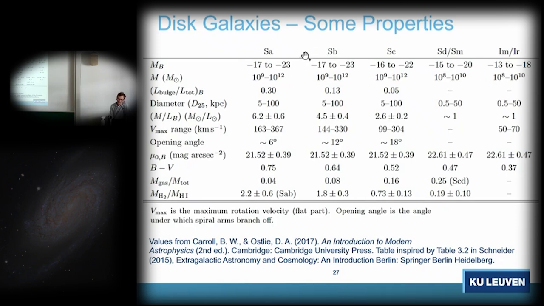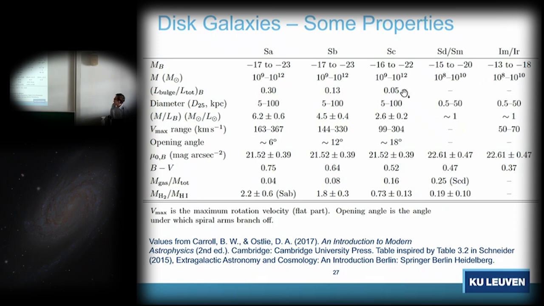Now, in terms of the mass, that of course correlates. These are the most massive ones, the early, or the SAs, and the least massive ones over here. You can see that the luminosity of the bulge, again, decreases with type, until, of course, in the irregulars here, and in these, we don't really have any bulge to talk about.